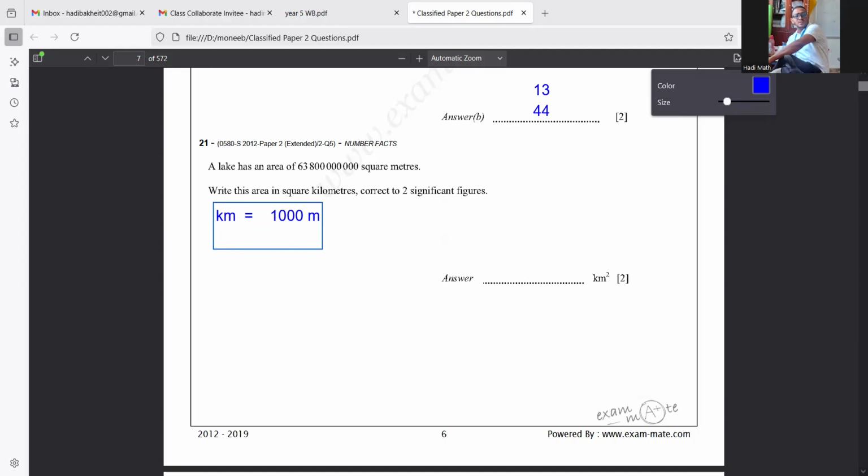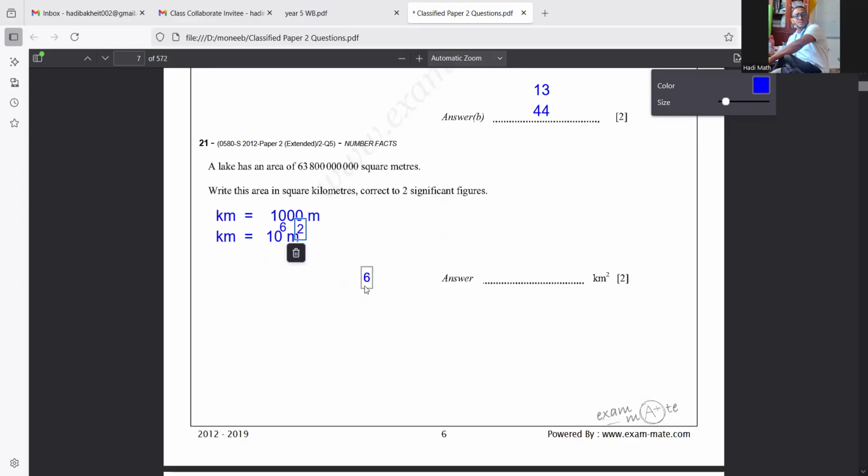Then you need area, so square both sides. So kilometer squared is equal to 10 to the power 6 meters squared, or a million.